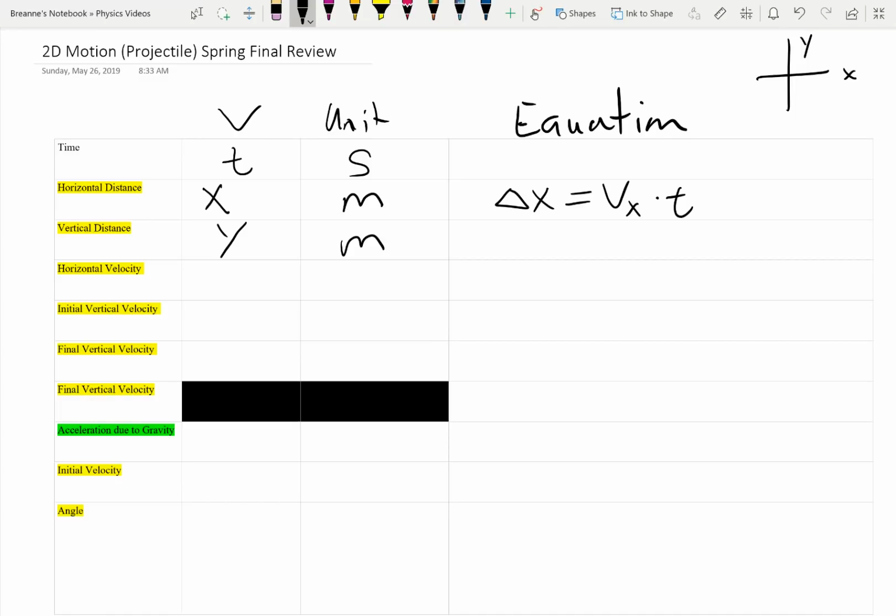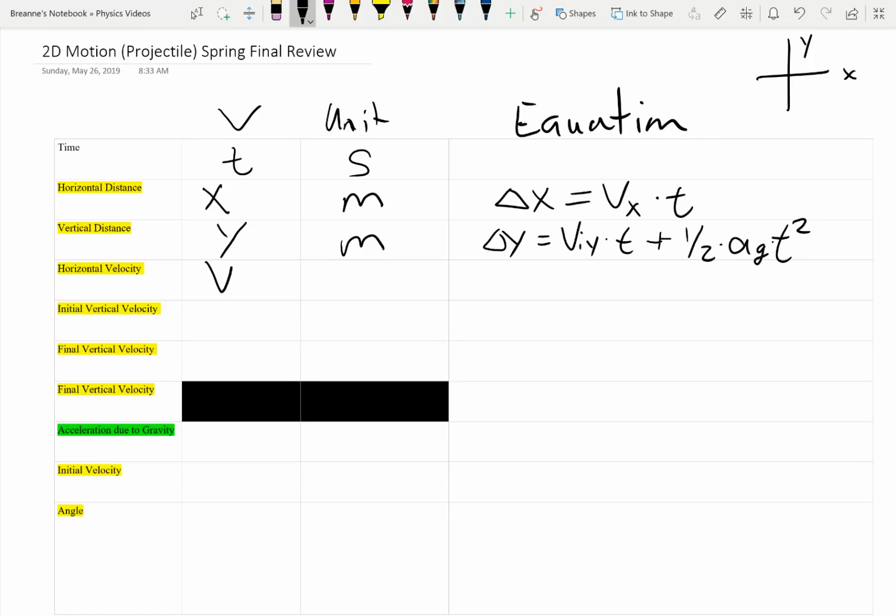Your equation for vertical distance is delta y equals VIY times t plus 1/2 AG t squared. So there's your equation for that.